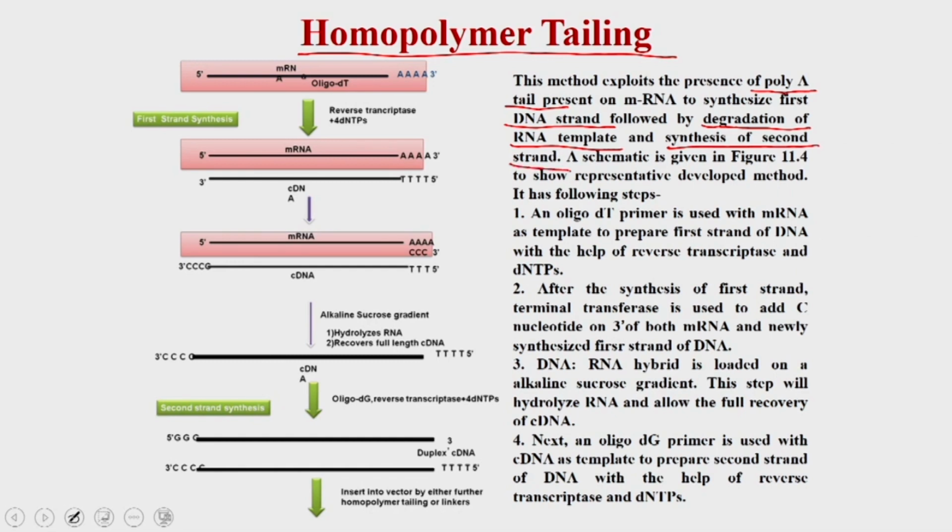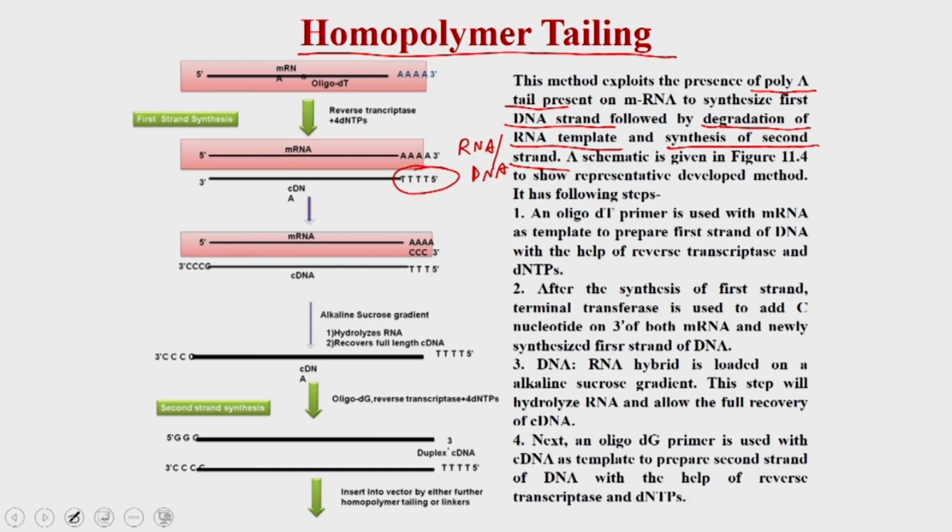Okay. So, how to do this? In the first step, you put a poly T primer. Okay. So, once you put the poly T primer, the reverse transcriptase is going to use this as a template to synthesize the one strand of DNA, okay, and then you are going to get the RNA DNA hybrid.